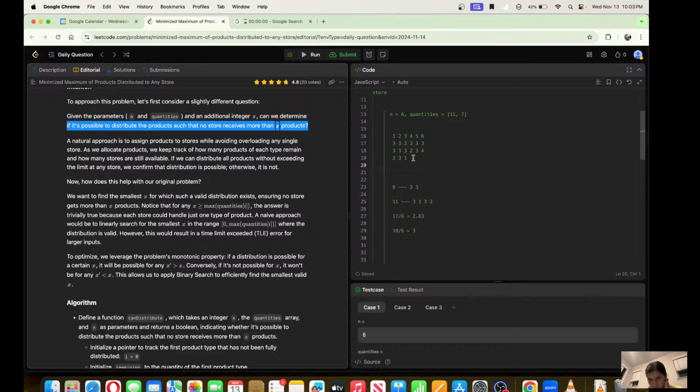Suppose X was 1, okay, then is it possible to distribute the products such that no store receives more than X products? So it is possible to distribute, right? 1 1 1 1. No store receives more than X products. So suppose X is equal to 4.